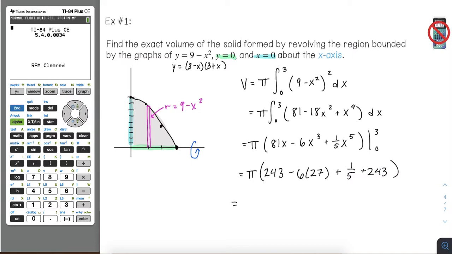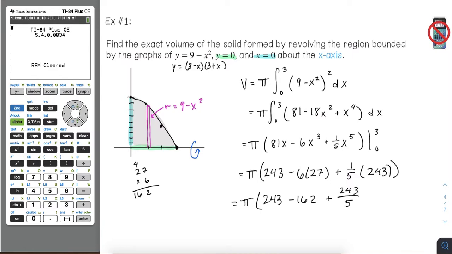Oh, hang on, that's not right. 243, and that's plus 1/5 of 243, there we go.